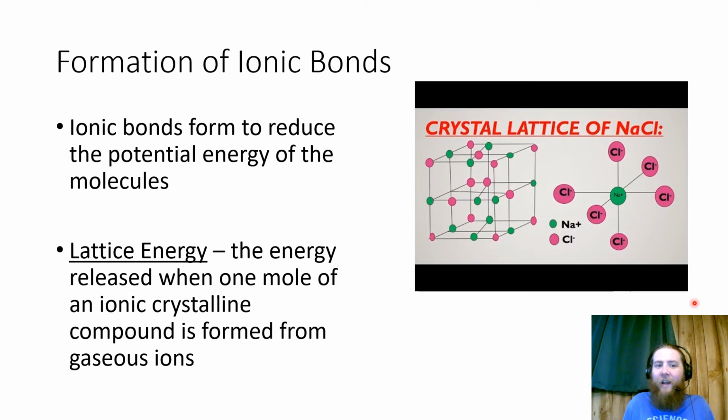So it's this nice lattice structure. Lattice energy, like bond energy, is the energy released when 1 mole of an ionic crystalline compound is formed from gaseous ions. As this comes together, it releases energy and forms this nice stable compound.